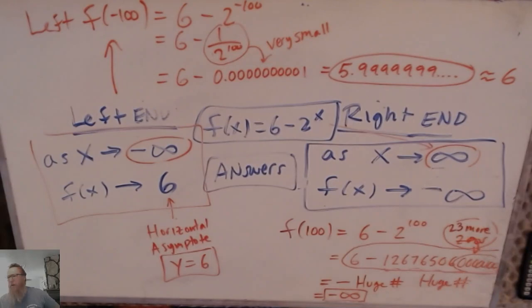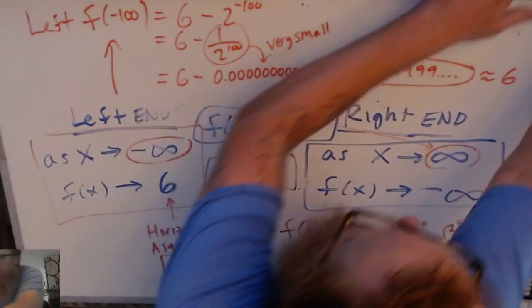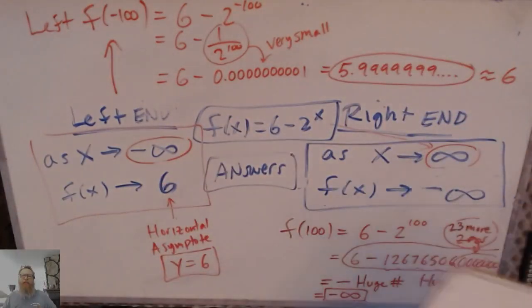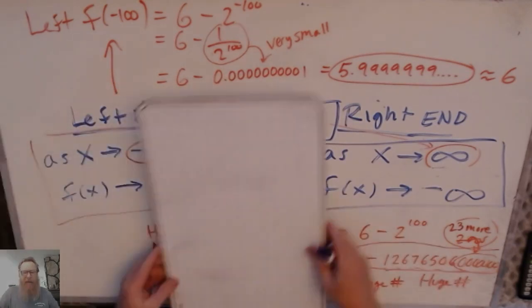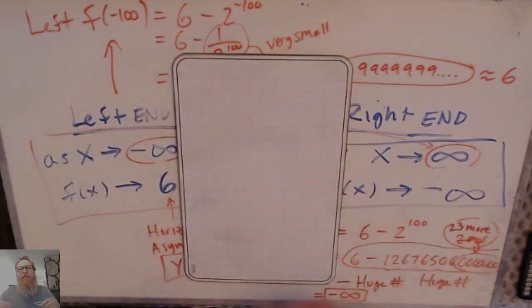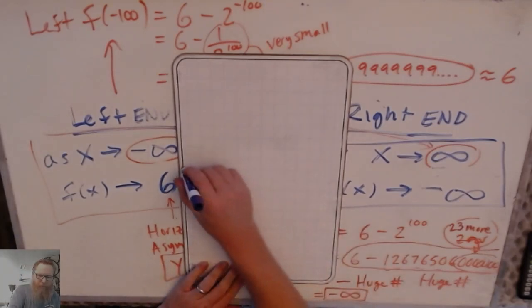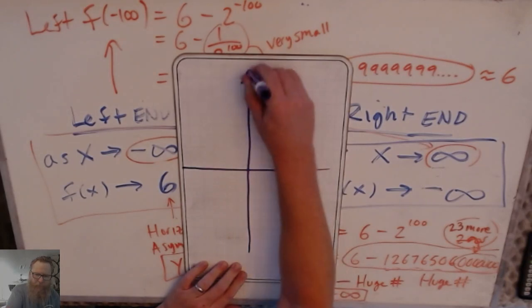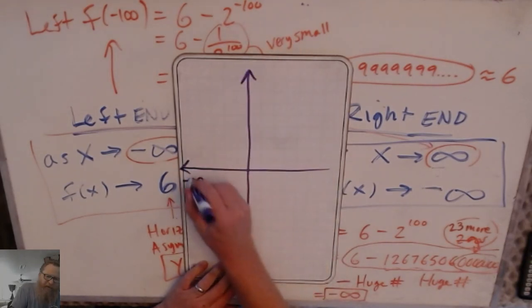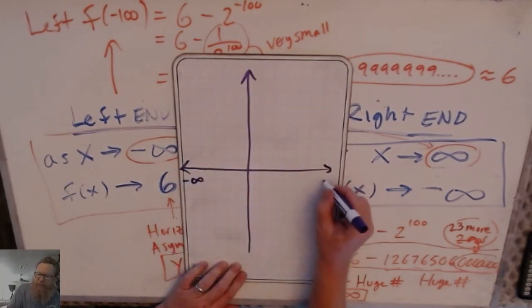Now, why would you want to know that, other than just to get the right answer on the test? If that's your only goal, then you can stop listening right now. But if you want to actually understand what this means, take out a little piece of graph paper or a graphing board. The left end is over here, negative infinity.